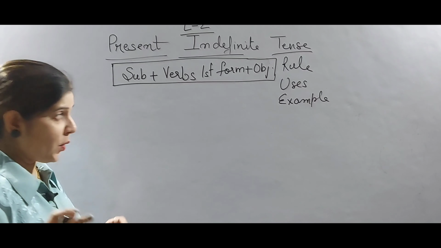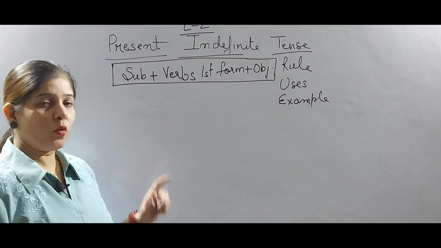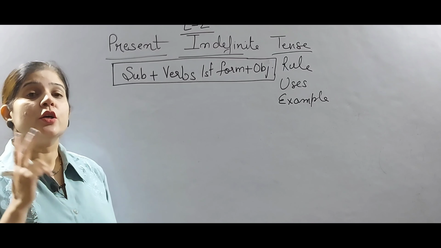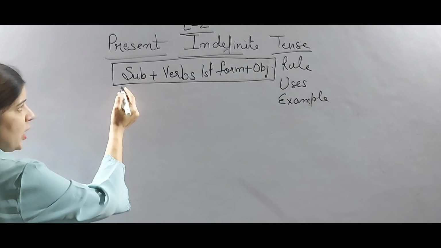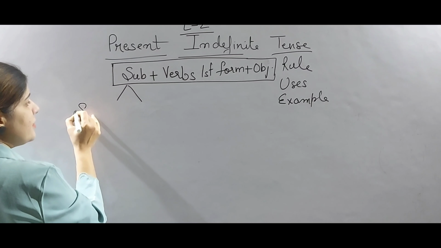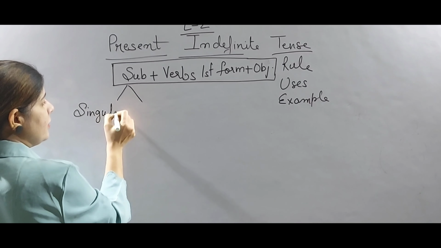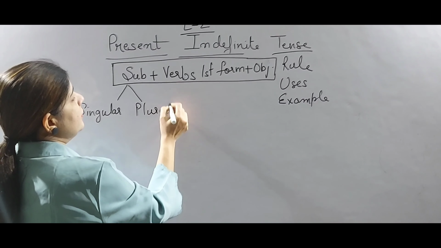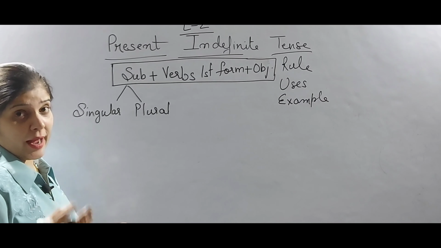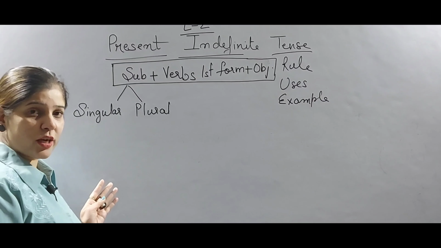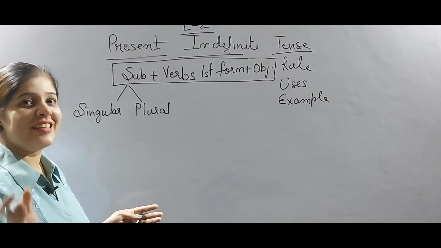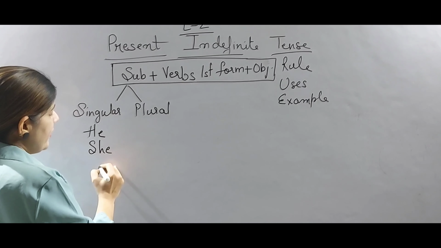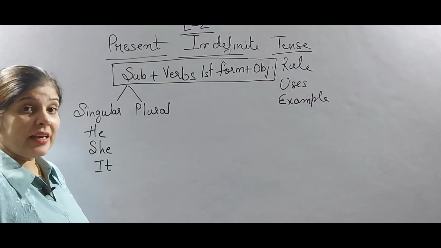Right, students? Okay. Now, as you know, what are the subjects? There are 2 types of subjects: singular and plural subjects. So students, can you tell me what the singular subjects are? Yes, you are right. The singular subjects are like he, she, it, or any name.